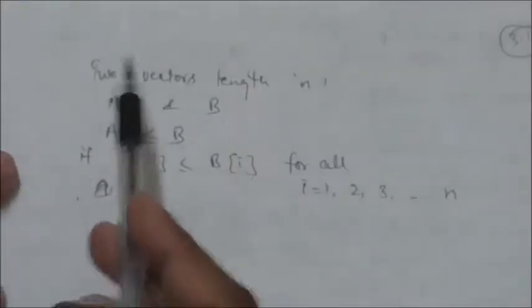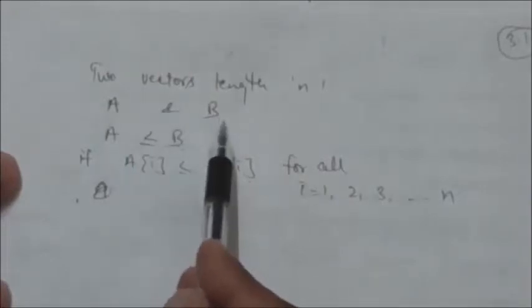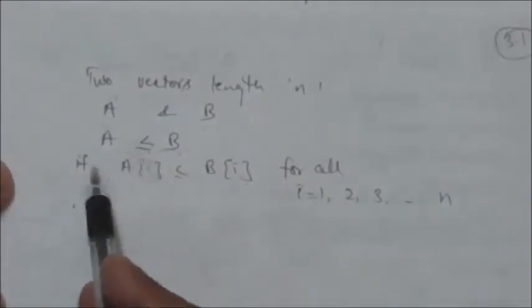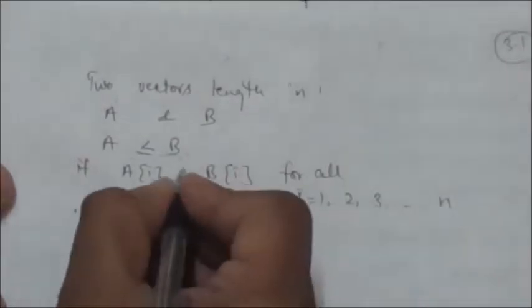Now suppose there are two vectors of length n, vector a and vector b. Then vector a is said to be less than or equal to vector b if a_i is less than or equal to b_i for all i equal to 1, 2, 3, and so on up to n.